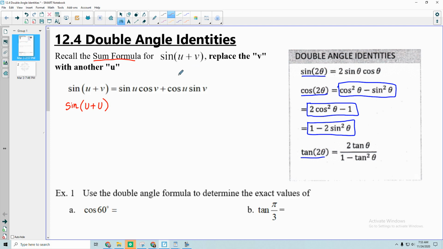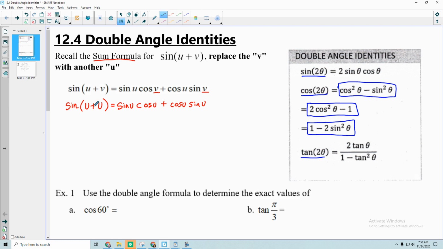So basically everywhere that there is a V, I'm going to replace that with a U, okay? So here and here, both of those V's, I'll replace them with U's instead and rewrite my formula. So I have the sine of U times the cosine of U plus the cosine of U times the sine of U, okay?